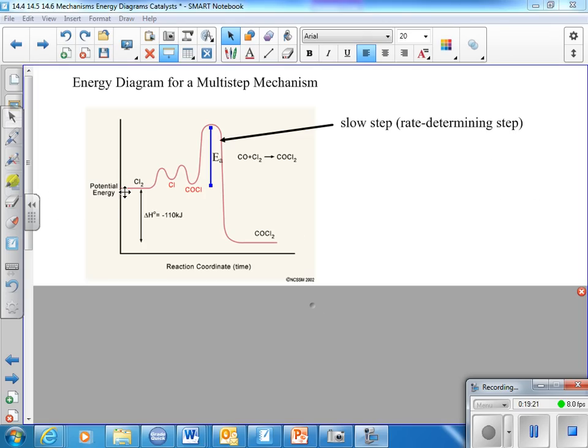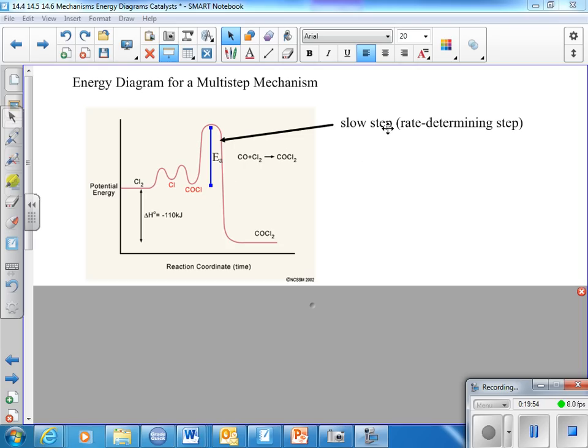Energy diagrams, sometimes you will see an energy diagram showing each step of the mechanism. So right here, this would be a 3-step mechanism, and it's showing you the energy of the original reactants, and then different transition states, different products that are being made, and then the 3rd step, and down to the final product for this reaction right here.